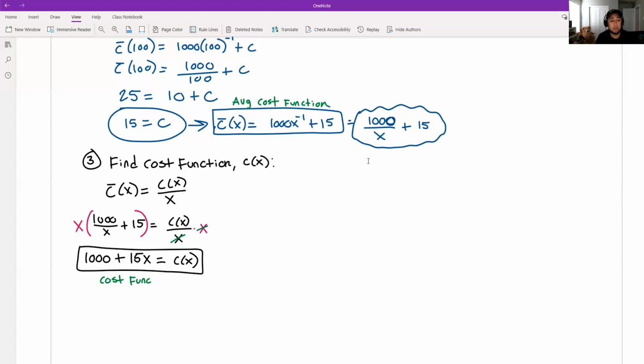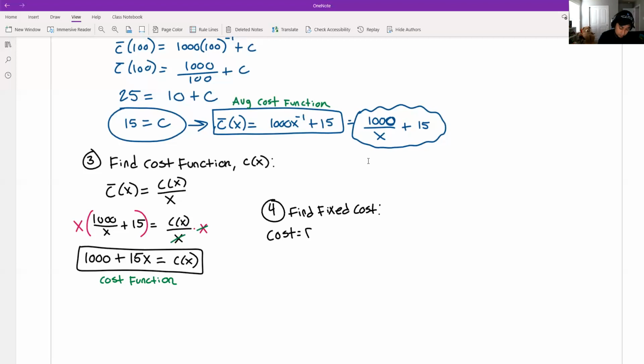So we have everything we need. The last thing to do is find fixed cost. So we'll make that step 4. Find fixed cost. So remember, a cost function is made of a fixed cost plus a variable cost.